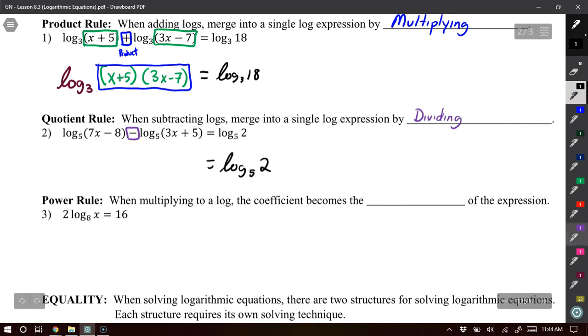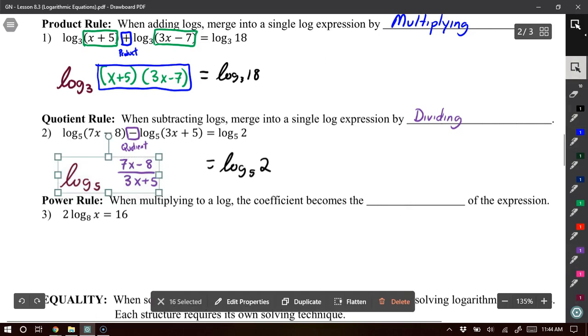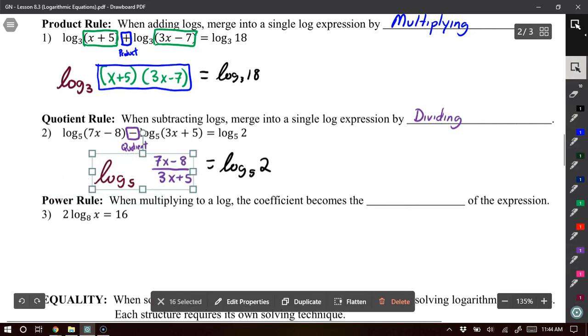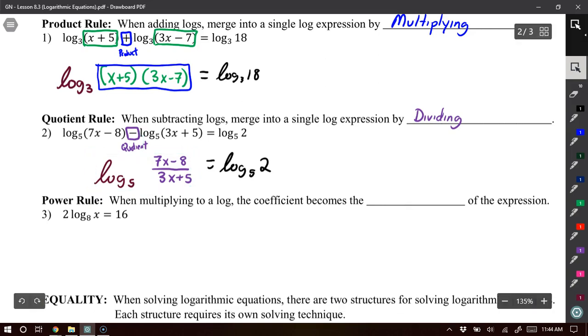The left side is more complicated, but that minus sign helps me. I can take my two log base 5 and merge them together by dividing them. So I can put 7x minus 8 over 3x plus 5. And that is how you merge them together. Now, we will focus on the solving in part 3. Right now, we're focusing on learning how to read the problems.